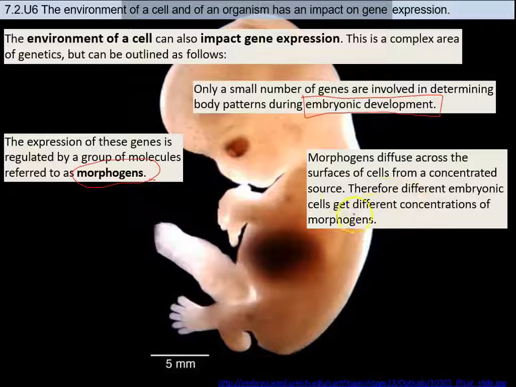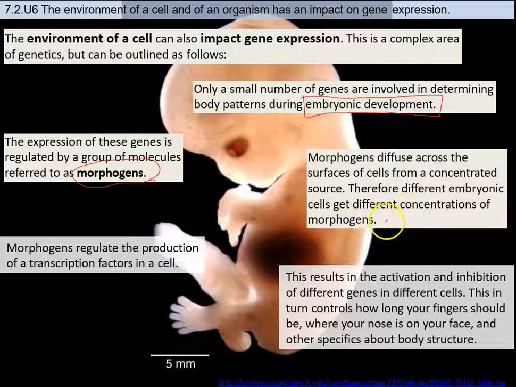Therefore, different embryonic cells get different concentrations of morphogens. Depending on the concentrations of the morphogens in the environment, they can regulate the gene to become active or silent. So that's how they work. It depends on the concentration of these molecules around the cell.